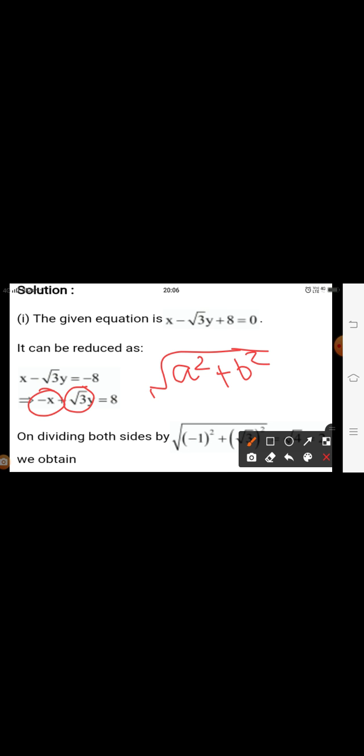Dividing all these values by this, the value of under root a square plus b square we get as 2, and on dividing all these values by 2 we get minus x upon 2 plus root 3 upon 2 y is equal to 8 upon 2. Then on solving we get the reduced equation as minus 1 by 2 x plus root 3 upon 2 y is equal to 4. Minus 1 upon 2 is written as cos 120 degree, and root 3 by 2 is the value of sine 120 degree.